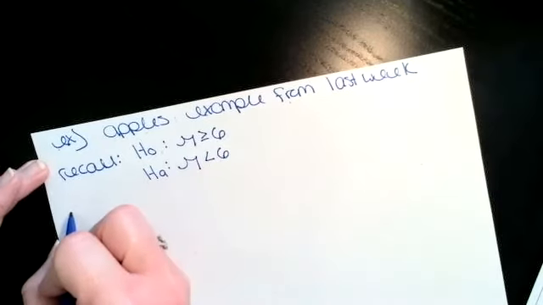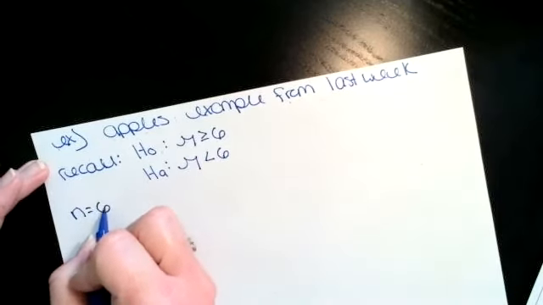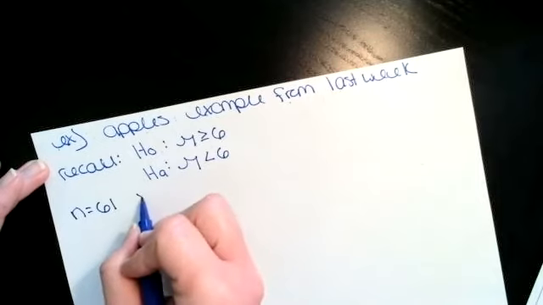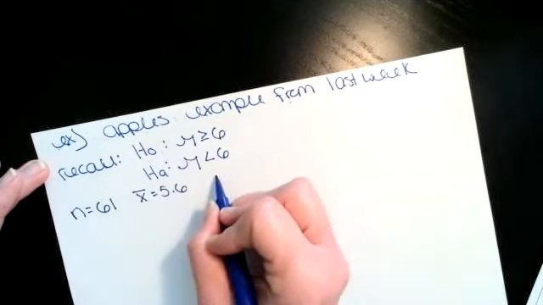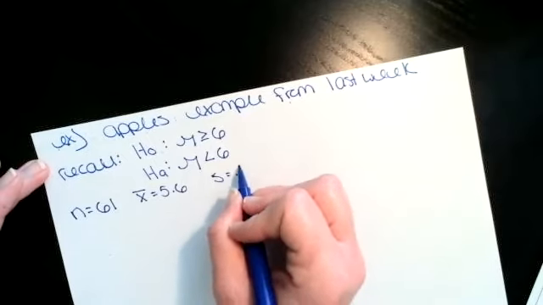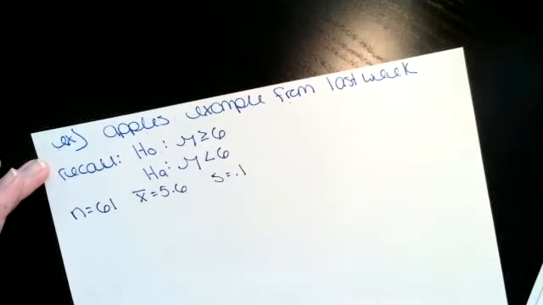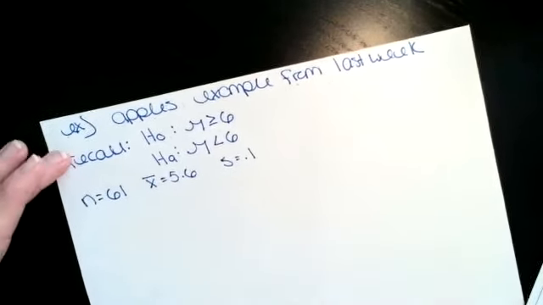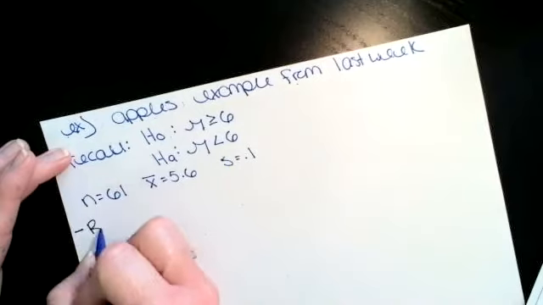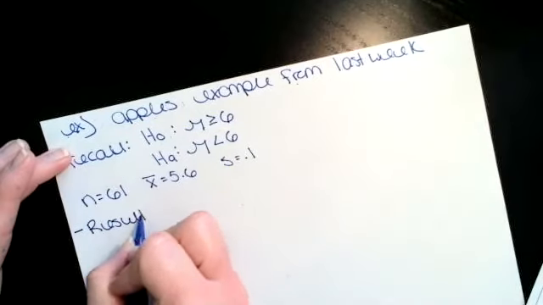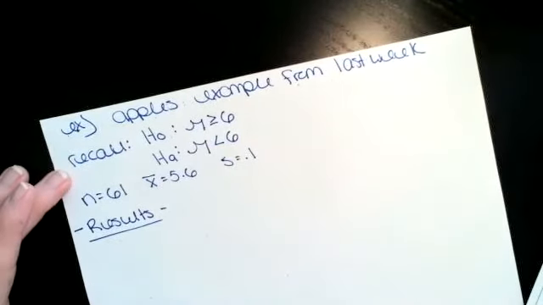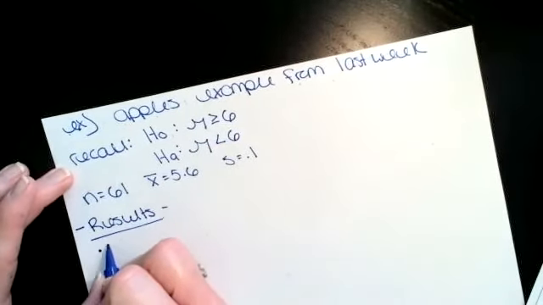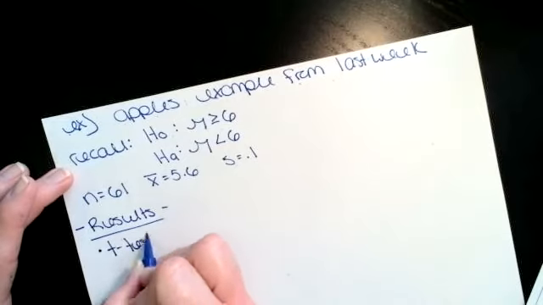From the sample, we gathered that the sample size was 61, the sample mean was 5.6, and the sample standard deviation is 0.1. We did check it is normal because n is greater than or equal to 30. That's all stuff from last week, nothing new. So my result step: I need to calculate the t-test statistic.